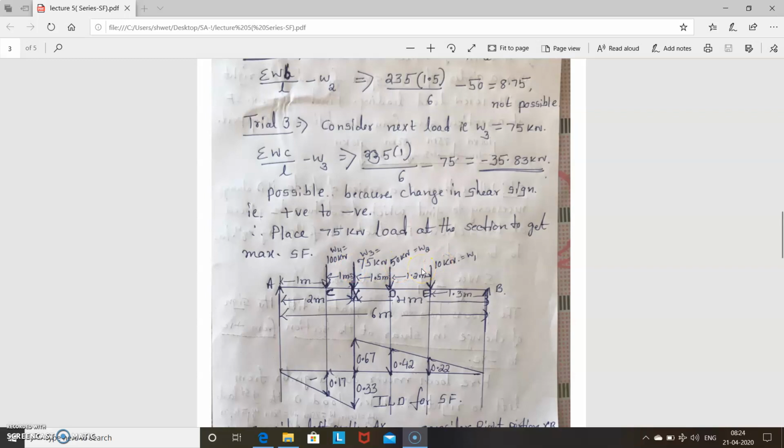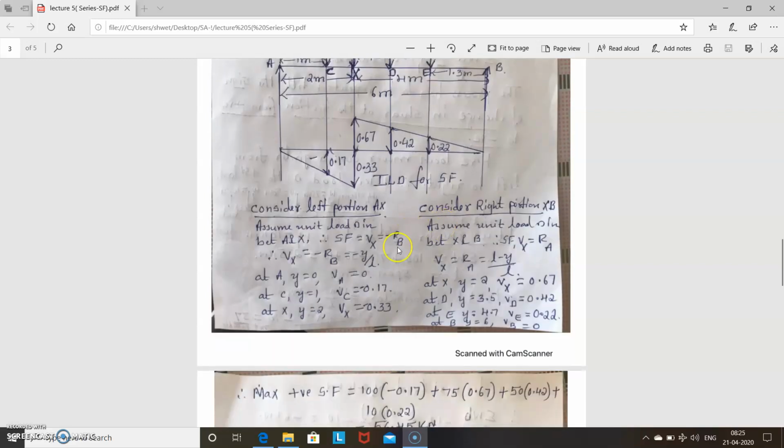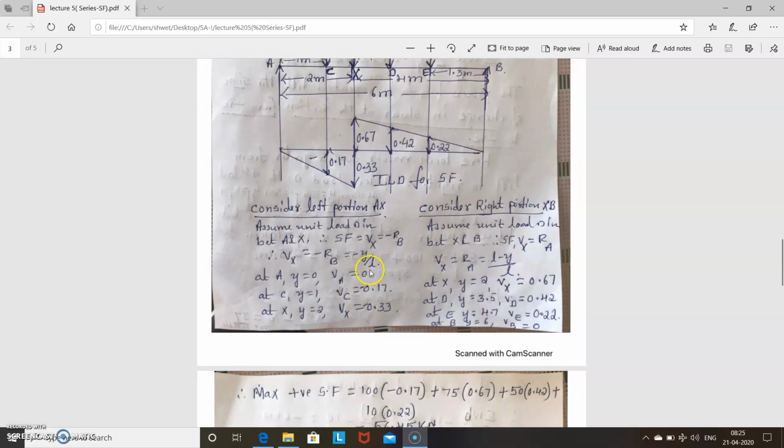You have to just multiply this load with the ordinate value. So this will not come while calculating the shear force. First you have to imagine only one unit load that is moving from left to right, A to B. So now shear force at X is minus RB. What is RB? RB is Y by L. So shear force at X is minus Y by L.